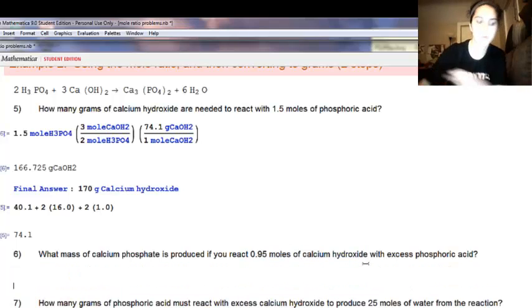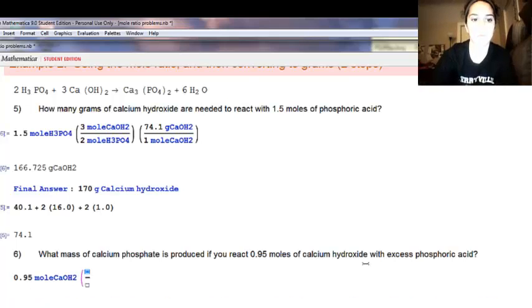So, what do we always start with? Our given number, 0.95 moles of calcium hydroxide. We first have to go to moles of calcium phosphate, so we go back up here and find calcium hydroxide. We have 3 calcium hydroxides for every 1 calcium phosphate.